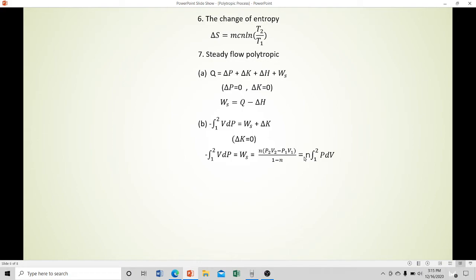So your work steady flow becomes n times work non-flow. So once we get the value of work non-flow, we can multiply it by the numerical value of n.